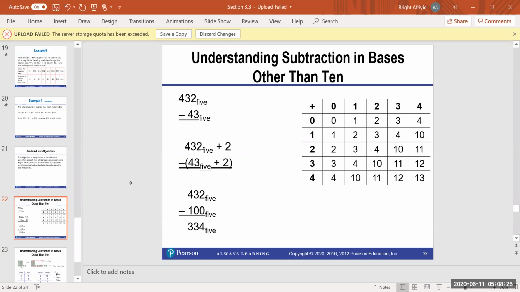Now we are subtracting in base 5. This is the addition table we looked at in section 3.2, but this time you're going to subtract. Look at it closely. So we have 432 base 5, and then we want to take away 43 base 5.